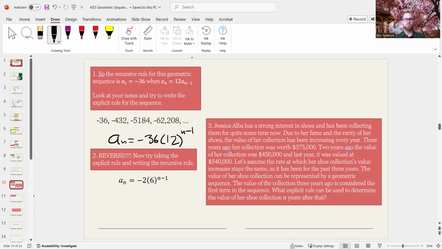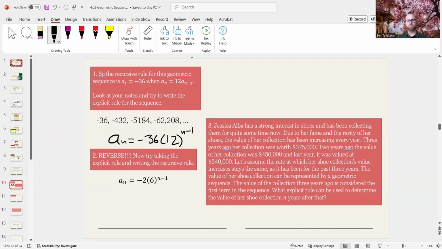Okay, 2, reverse. Now try taking the explicit rule and writing the recursive rule. This was part of our goals to convert from one form to the other. For this one, for the given rule here.